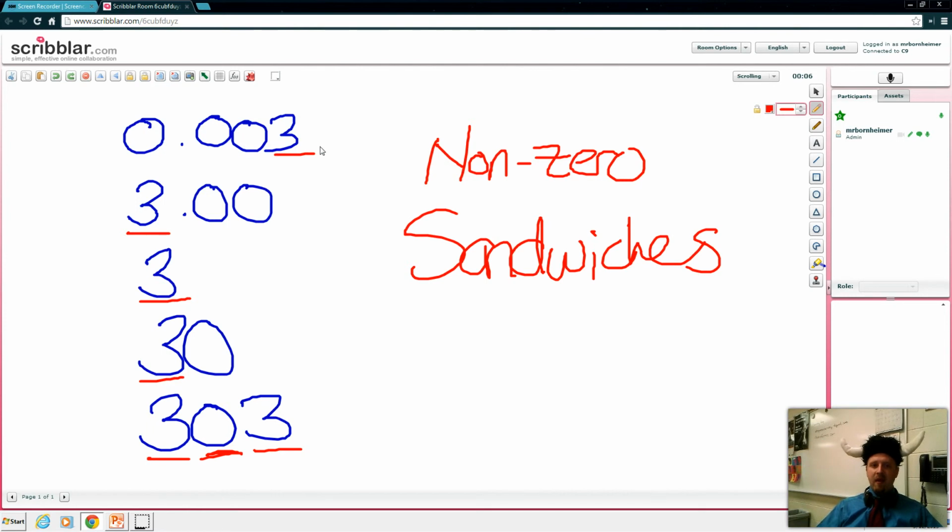However, they are not at the end of the number. They are not final zeros, therefore they are not significant. However, these come after the decimal point and they are final zeros, therefore they are significant. So these 2 are significant. Now, this 0 is a final 0 at the end, but it's not after the decimal point, so it's not significant.